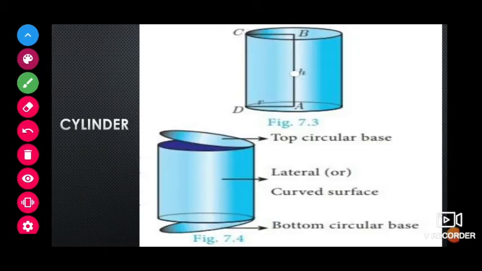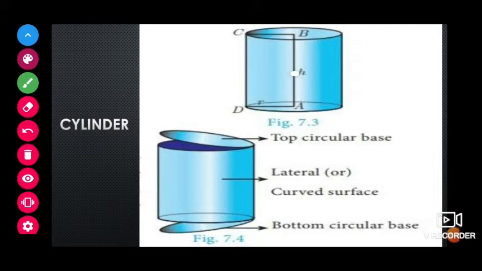That's it, children. Next we will see the cylinder. The best example of a solid cylinder you can see in your home is the water pipe, which is in a cylindrical shape.